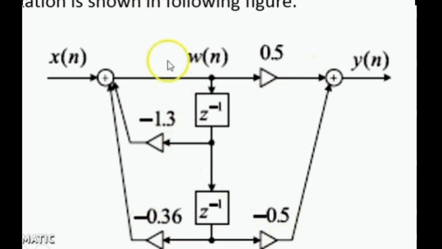Direct form 2 is considered a canonical structure for IIR filter implementation, which means it achieves the same filtering with the fewest possible delays. If you want fixed point arithmetic, you go for direct form 1, whereas for floating point operation you can go for direct form 2. Generally, direct form 2 is better, but if you are focusing on fixed point arithmetic and are concerned about potential overflow issues, then direct form 1 might be preferable.